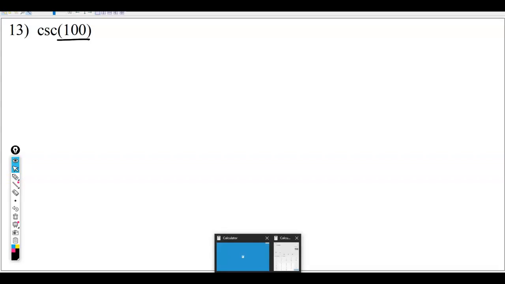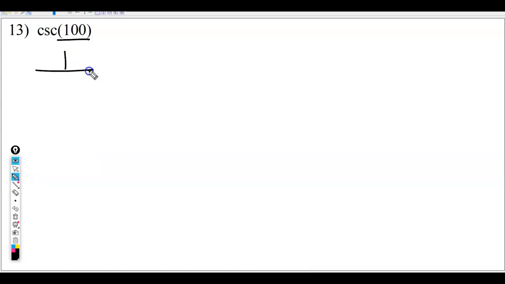But before I use the calculator, you'll notice that there is no cosecant button on the calculator. So what I need to do is change this into sine. Cosecant is 1 over sine, right? So instead of finding cosecant of 100, I'm going to find 1 over sine of 100. Here's how we do that.